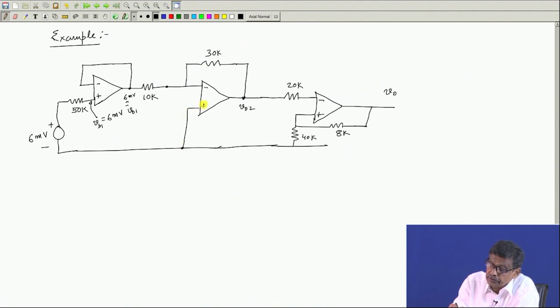So, this voltage must be 0 volt, that is, V A2 has to be 0 volt here, because this is 0, the op amp does not carry any current, it will be 0 volt. And then this voltage we have to calculate. So, what I do is this: for this op amp I will write down the KCL equation at this point.